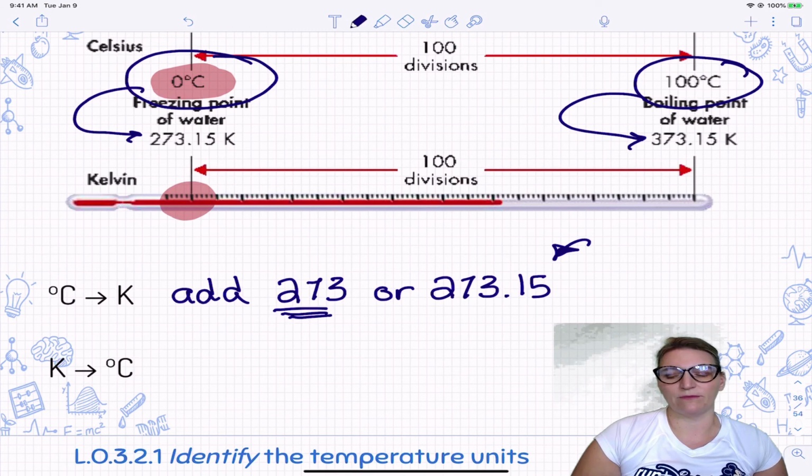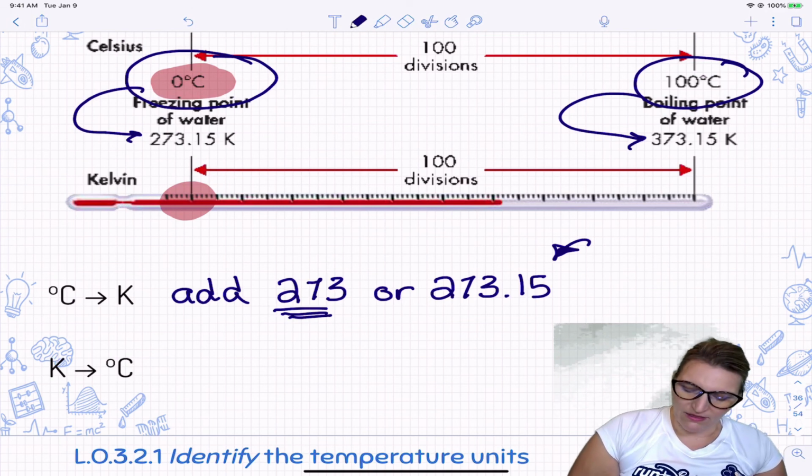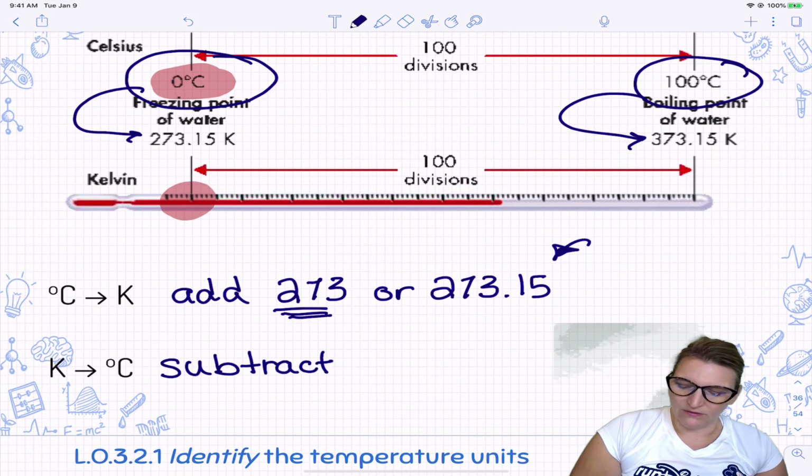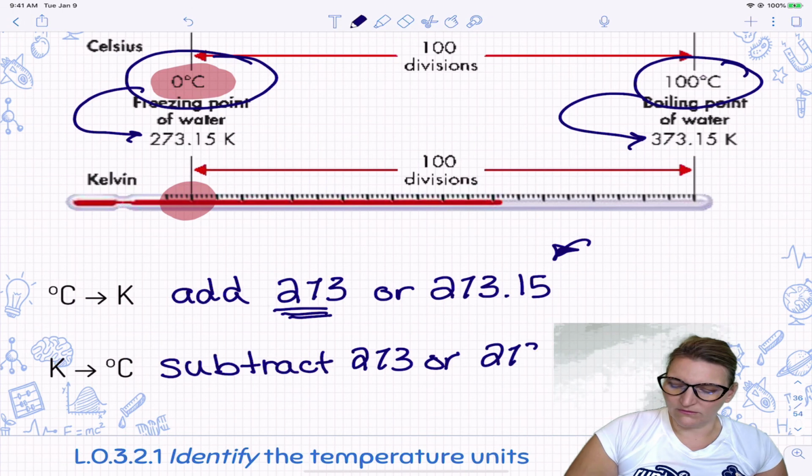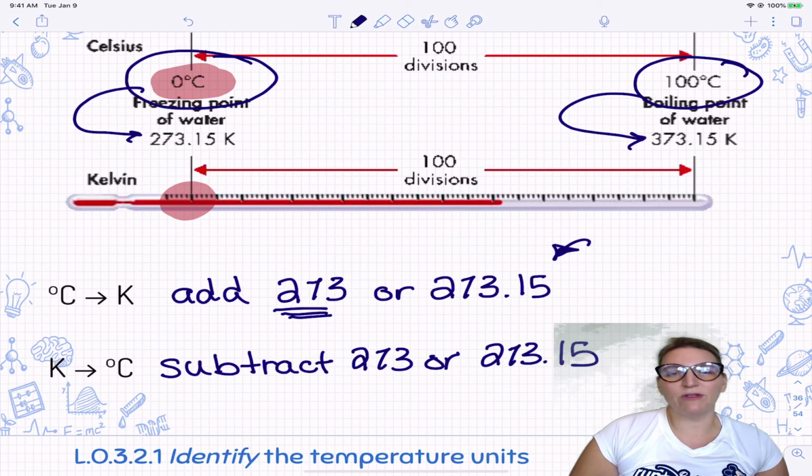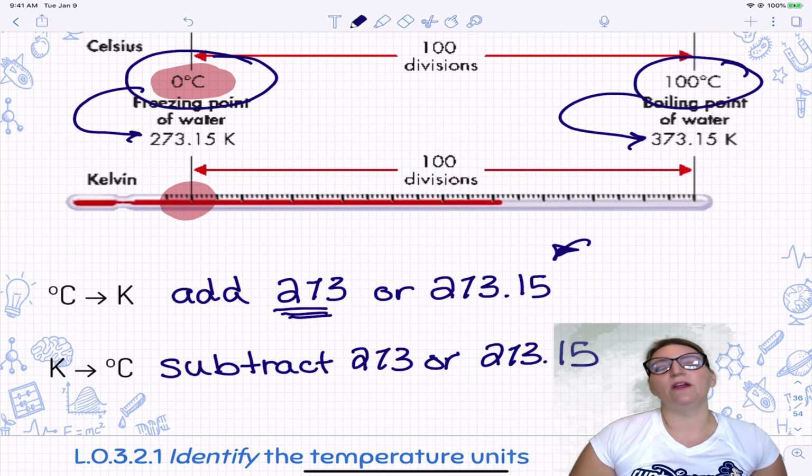And when we go from Kelvin to degrees Celsius, it's of course the opposite: you subtract 273 or 273.15.